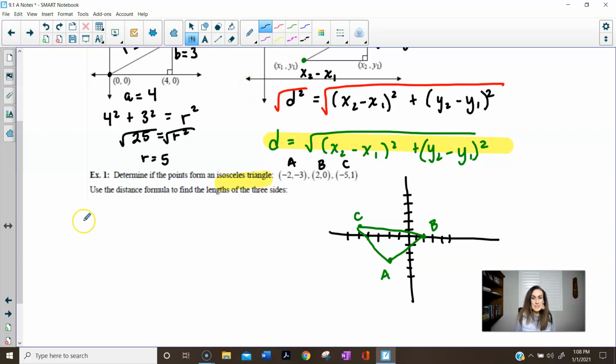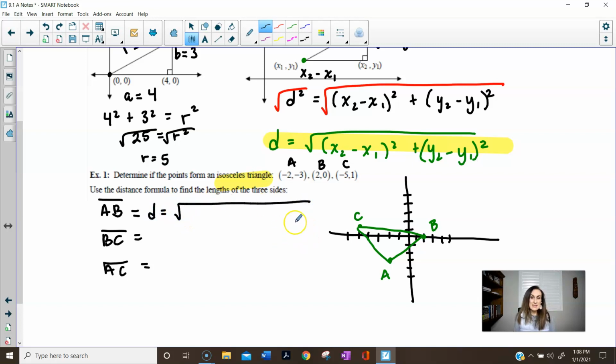So again, we're going to be looking for the distance between A and B, the distance between B and C, and the distance between A and C. And I'll quickly just maybe do one of these. So looking at the distance between A and B, I would take these 2 points and then just use the distance formula. So the distance is going to be equal to the square root of, and then subtract your x values.